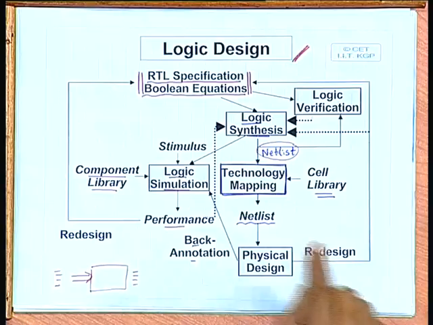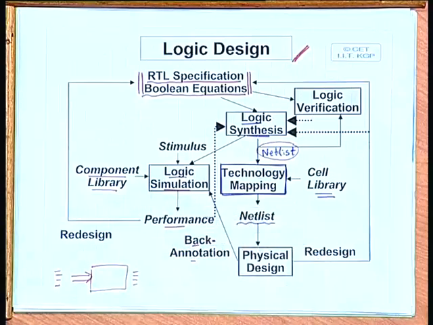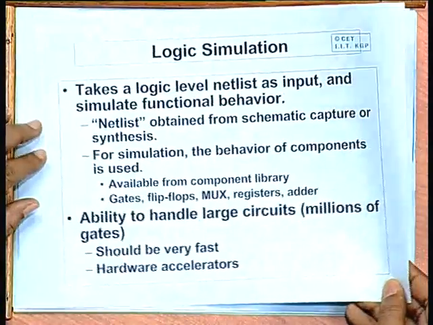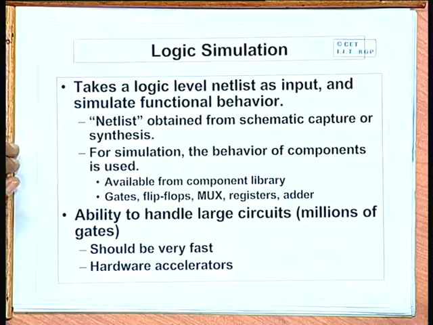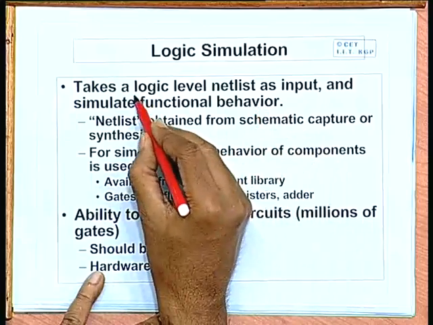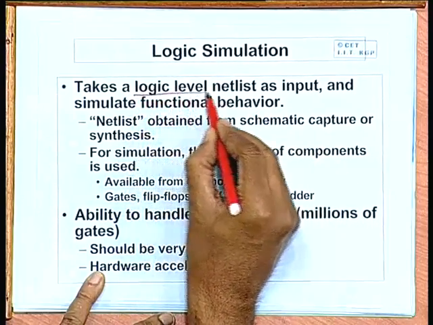Now let us see some of the blocks out here, what are the basic responsibilities and basic tasks of this. We start with the block logic simulation. As we had mentioned, the logic simulation process takes as input a logic level netlist.